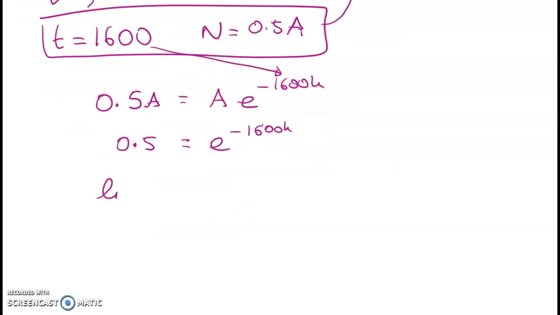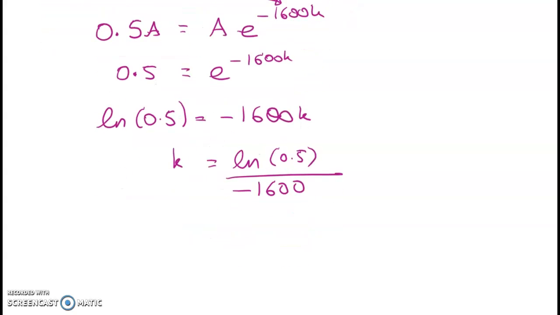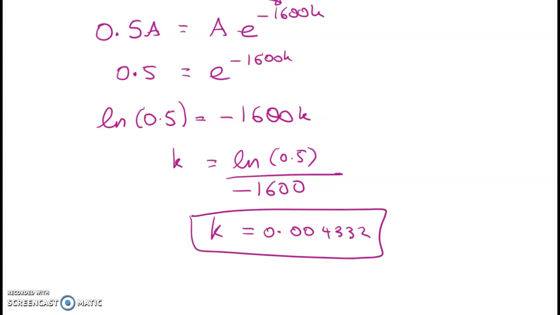And now I take logs of both sides. Lastly, I divide through by negative 1600. So I get k is equal to the natural log of 0.5 divided by negative 1600. And k works out to be 0.004332. Okay, so we're getting somewhere.